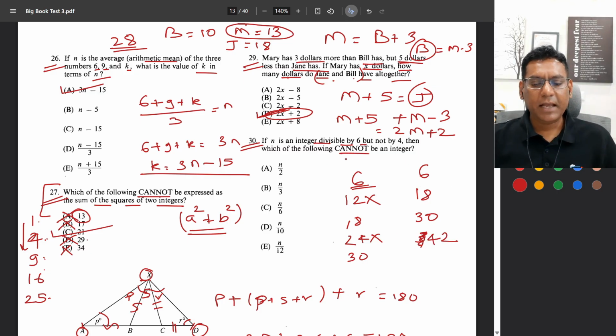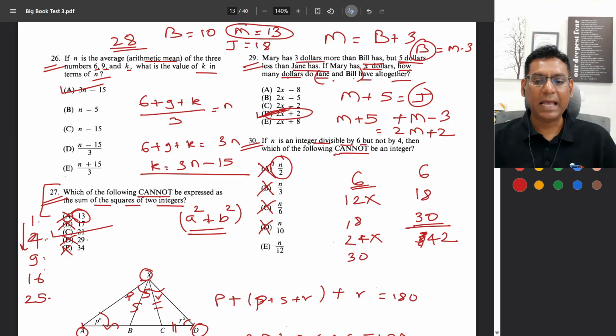Then which of the following cannot be an integer? Can n by 2 be an integer? 6 by 2, 3, can be an integer. So they are asking for cannot be. If I am able to find n by 2 as an integer for any of these numbers, then that option has to be ruled out. n by 3, again 6 by 3 can be an integer, so out. n by 6, 6 by 6 can be an integer, so this is ruled out. n by 10 can also be ruled out, because 30 by 10 is an integer.